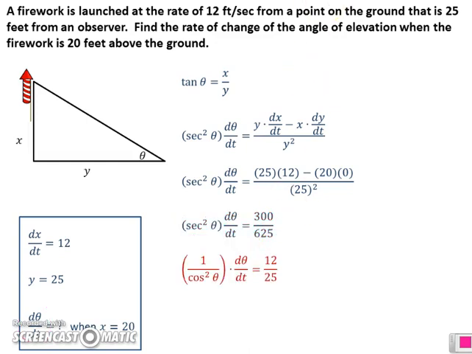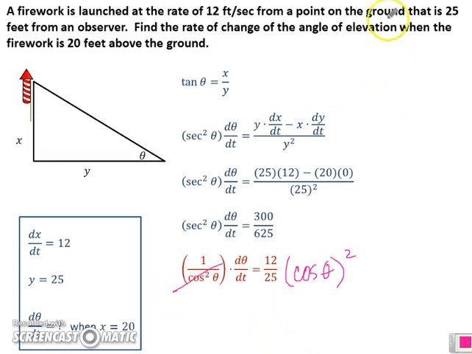Or you can look at it like this, and remember that secant is really 1 over cosine. So better would be to just multiply both sides by the cosine squared of this angle. So let's talk about how we're going to get this angle first. So the next thing I'll do is once I figure out what this angle is, I can multiply both sides by the cosine of that angle squared. And then it'll cancel over here.